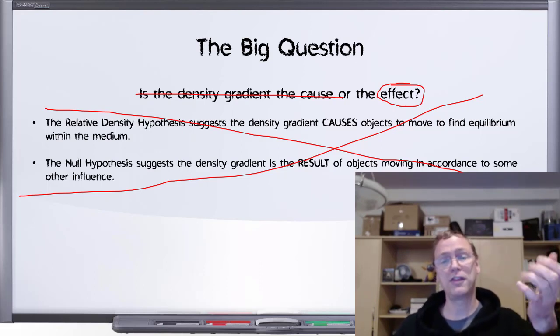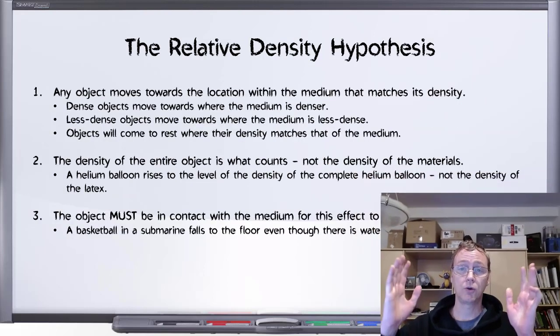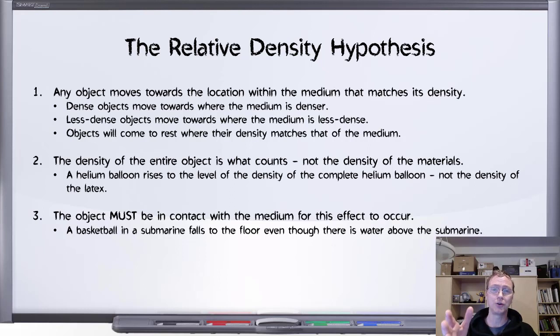And with the density gradient part of the hypothesis removed, which I've crossed out, I no longer have a difference. So far, we're back to the relative density hypothesis with these 3 points. And the problem with this hypothesis, with these 3 points, is simply that there is no problem with these 3 points. There's nothing wrong with it.